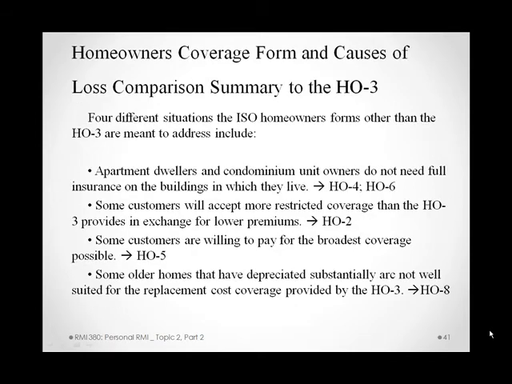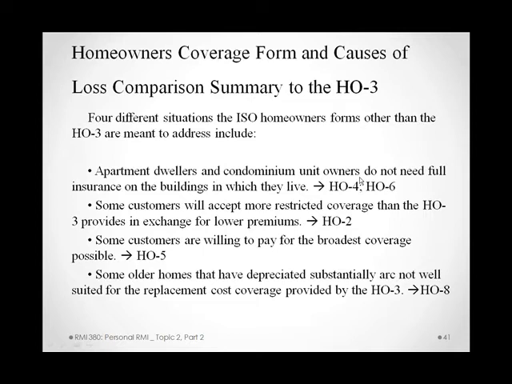So far, we have been concentrating on the HO3, the special form coverage of homeowners insurance. As you can imagine, there are some other homeowners insurance forms. For example, if you don't own a house but you're renting an apartment, you could cover your personal belongings inside of that apartment with the apartment dwellers insurance coverage, HO4.